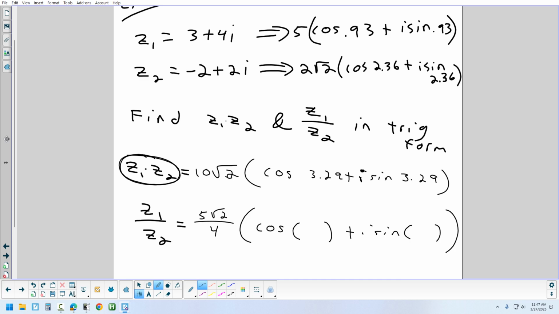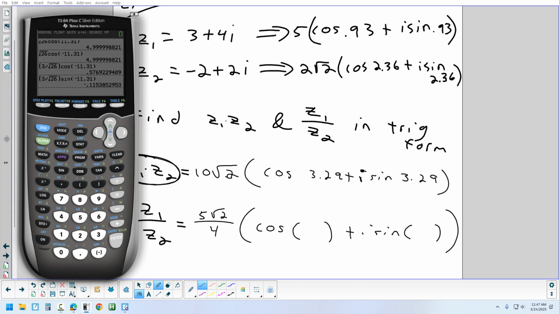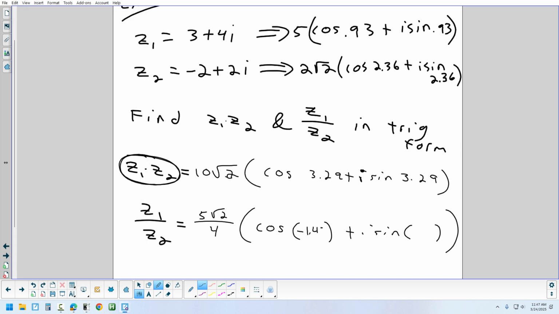Actually, no, you did it this way: 0.93 minus 2.36. But yeah, negative 1.43. Okay. My bad. I subtracted the wrong number.